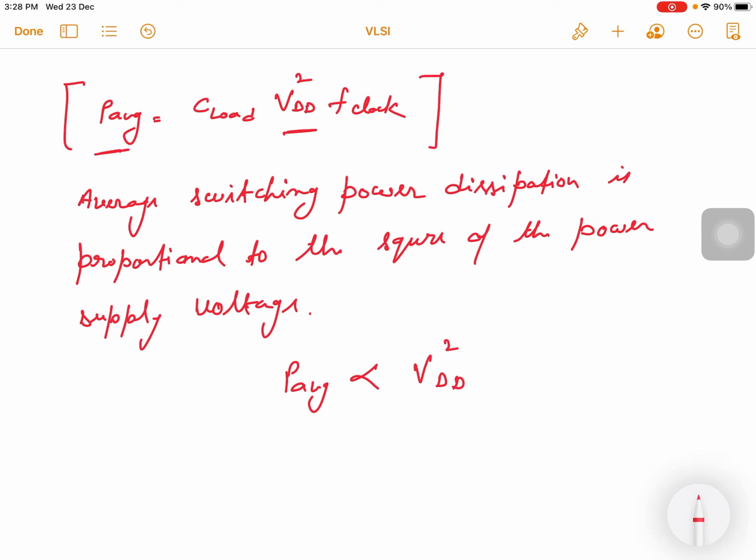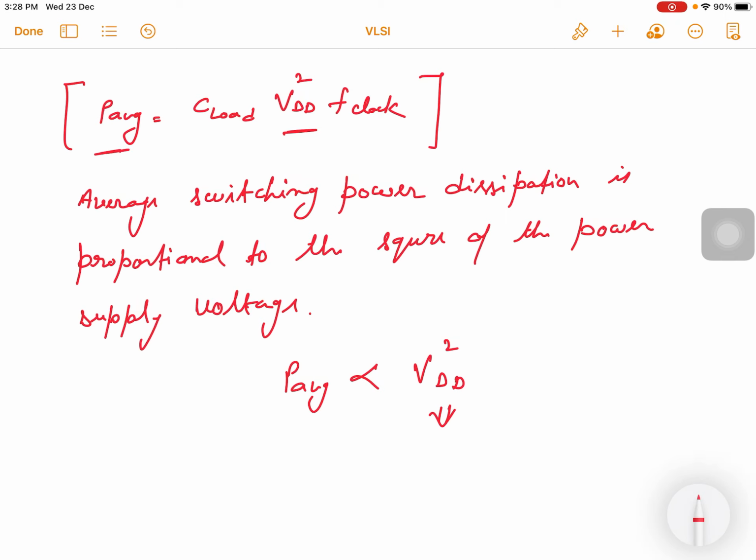So if you are scaling down this voltage, you can significantly reduce the power consumption.